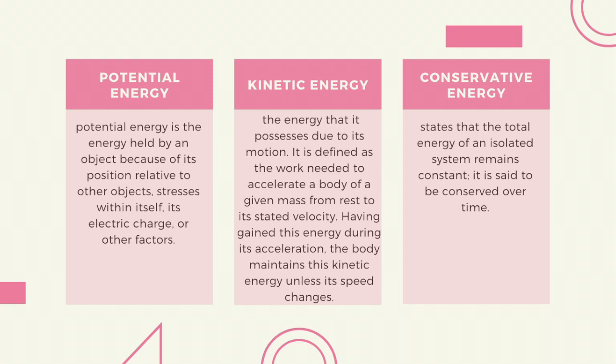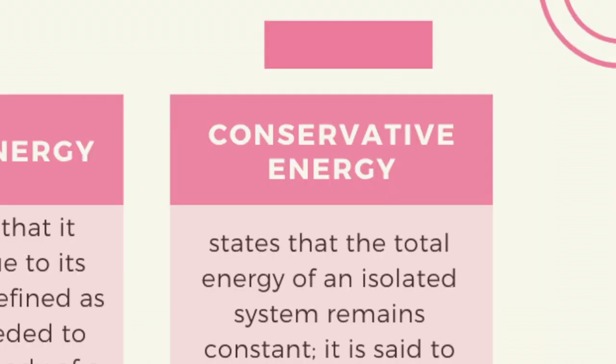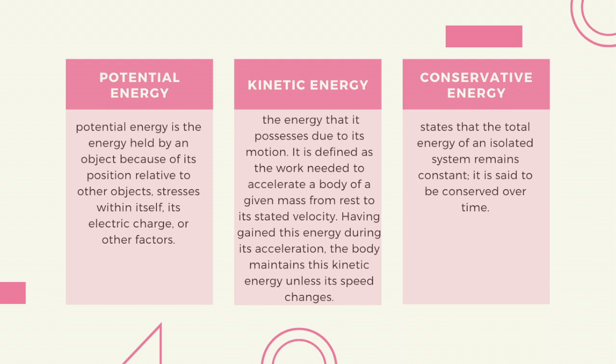It is defined as the work needed to accelerate a body of a given mass from rest to its stated velocity. Having gained this energy during its acceleration, the body maintains this kinetic energy unless its speed changes. As for conservative energy, it states that the total energy of an isolated system remains constant, or is said to be conserved over time.